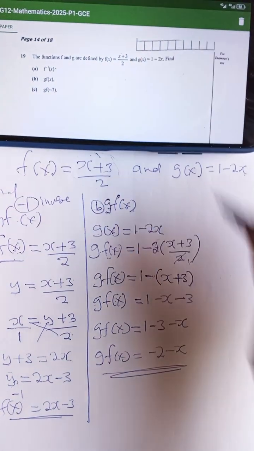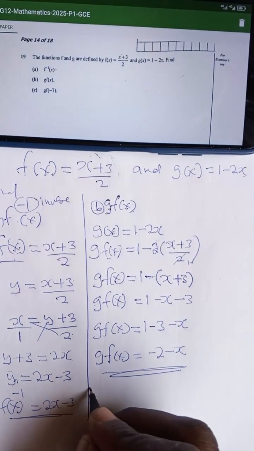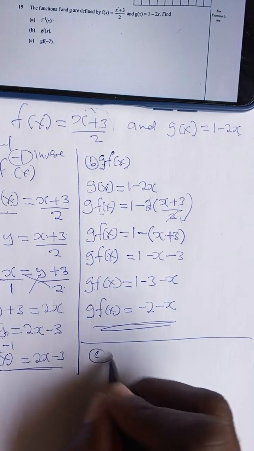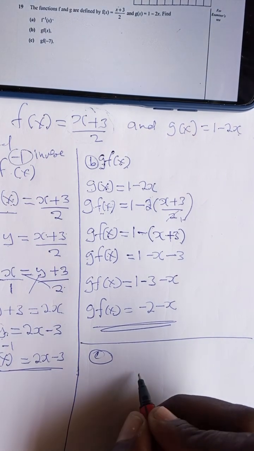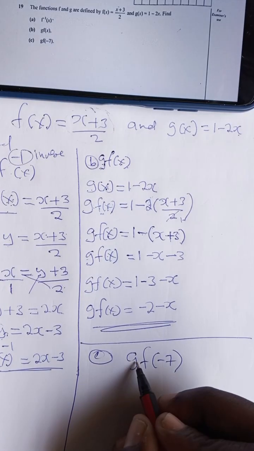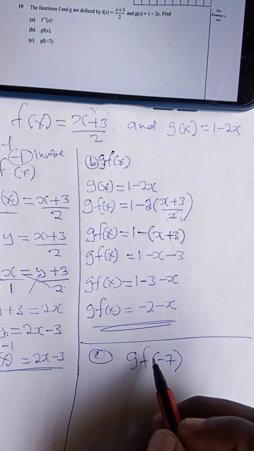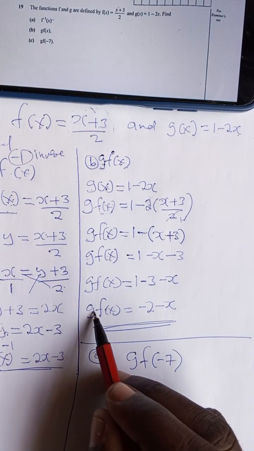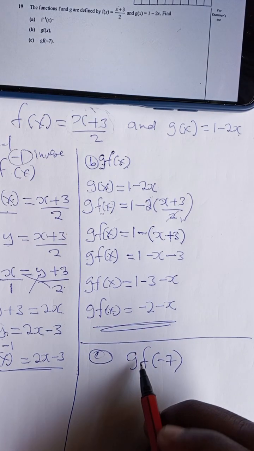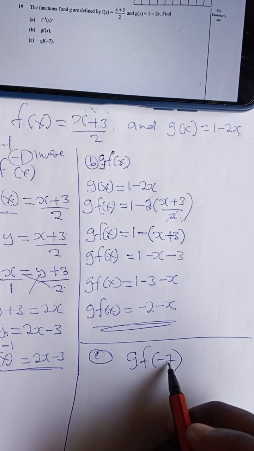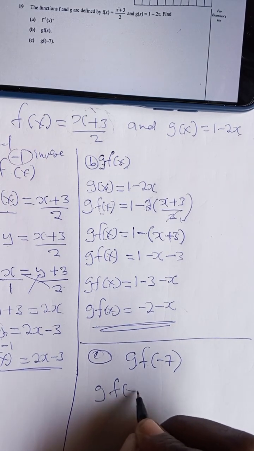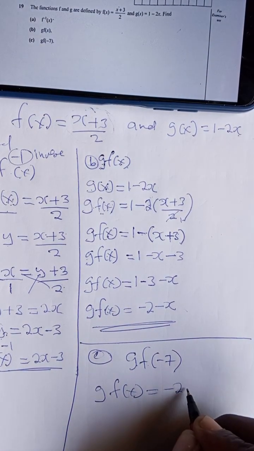Now, without wasting time, allow me to work out C. C is saying gf of negative 7, meaning g of f of negative 7. The easiest way to handle it is to use the same one from the previous solving, gf of x, which is negative 2 minus x.